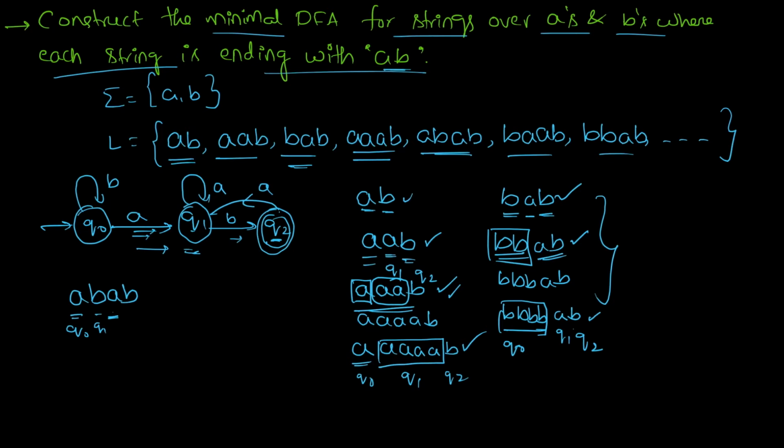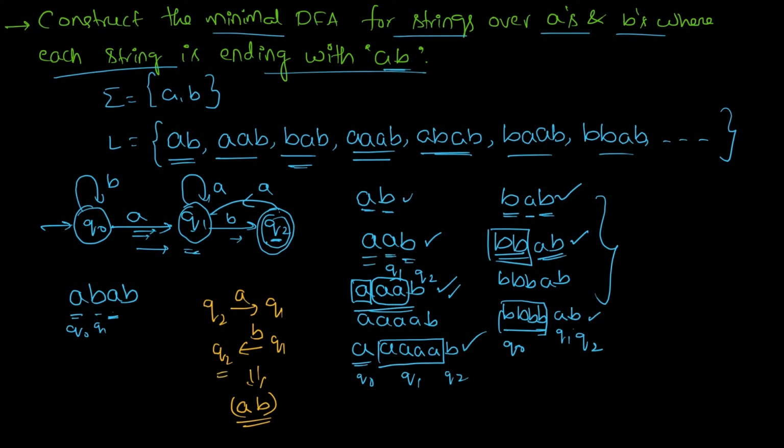This essentially means the transition from Q2 to Q1 over A and Q1 to Q2 over B is equivalent to accepting the strings ending with AB.